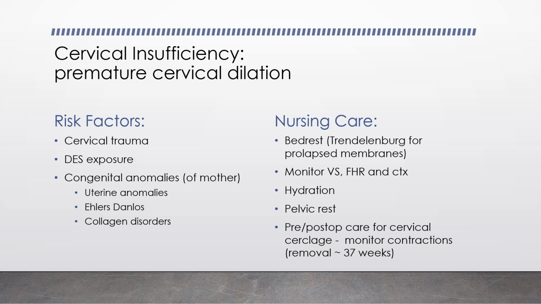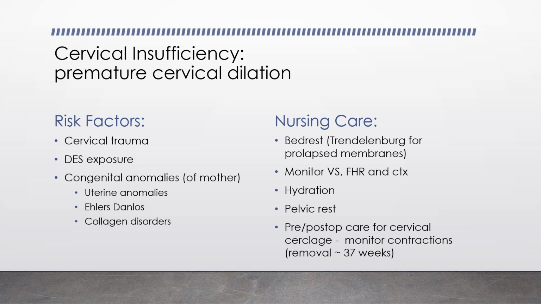They're placed on bed rest, sometimes in Trendelenburg position, so head tilted down to help reduce those membranes back up into the uterus. We would want to do frequent vital signs, fetal heart rates, contractions, and provide hydration. These women also should be on pelvic rest. We do not want them to contract because then that could cause more cervical dilatation.